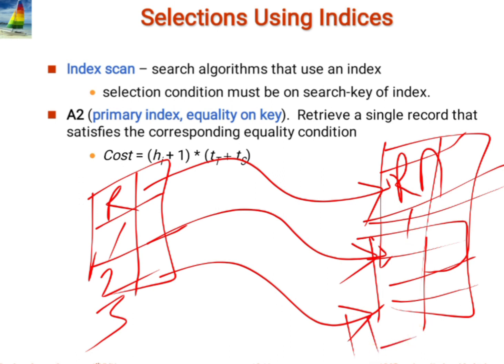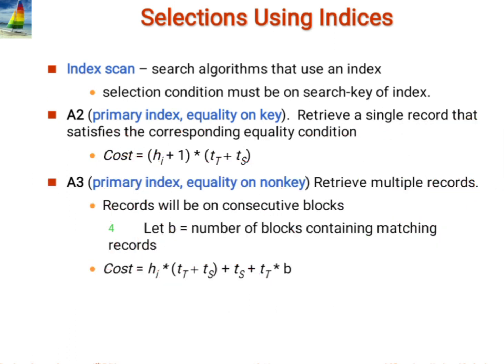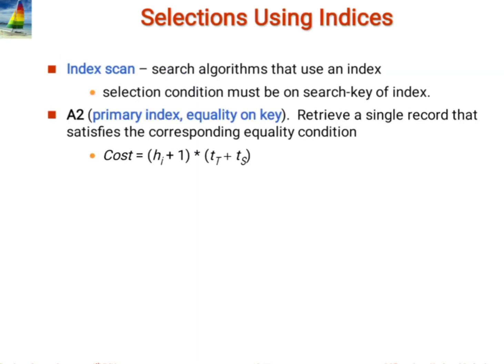If I say select roll number equals 1, whatever place has roll number 1, that will be the output I get as a result of the query. That is the meaning of primary index and equality on key. It will retrieve a single record that satisfies the corresponding equality condition.